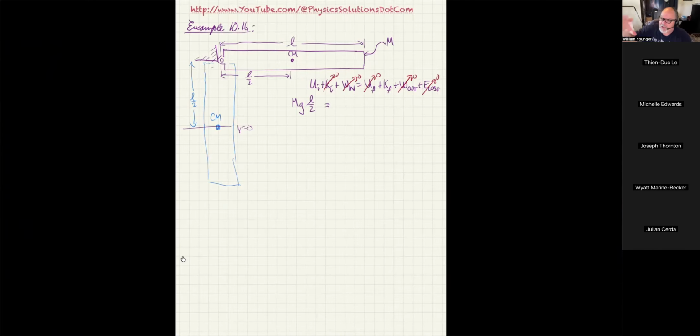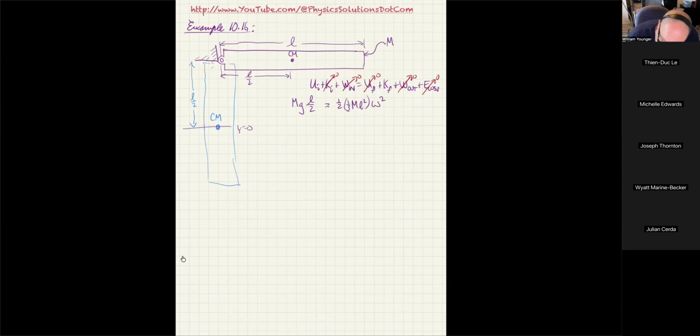Now, in this case, the object's not translating, it's just rotating about an axis. So it's 1/2 times 1/3 mL squared, because that's the moment of inertia of a rod rotating about its end. So that's 1/2 I omega squared, like that.